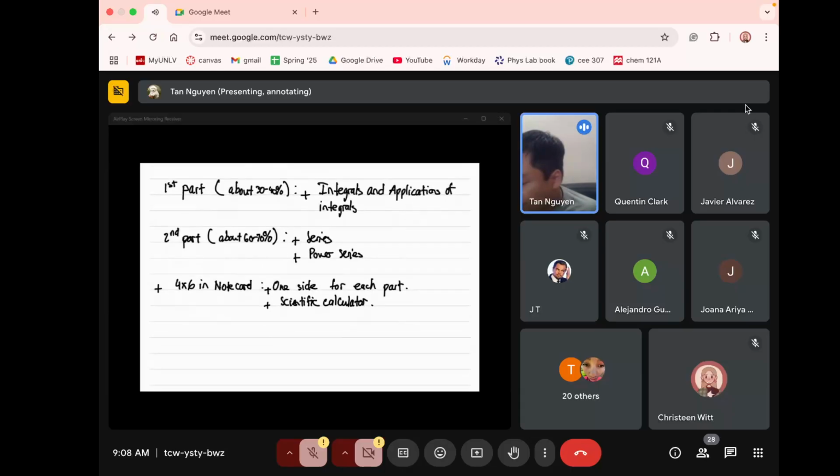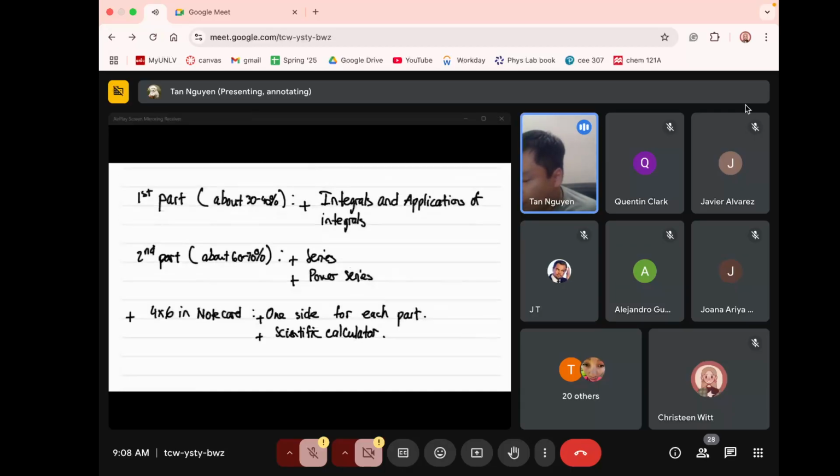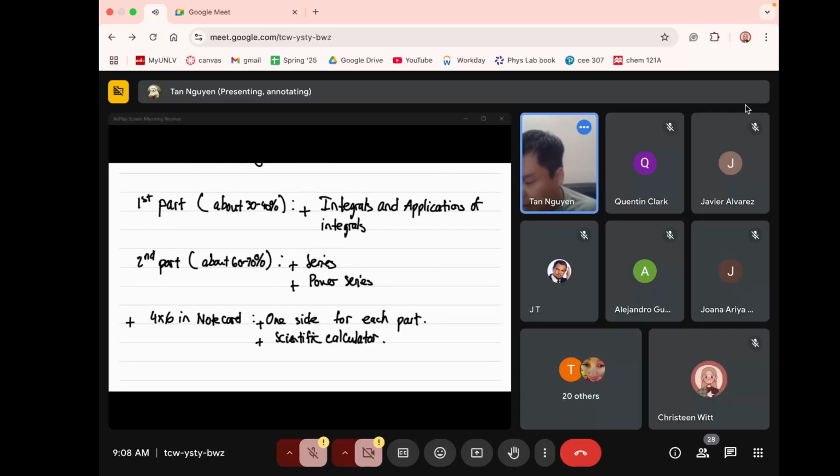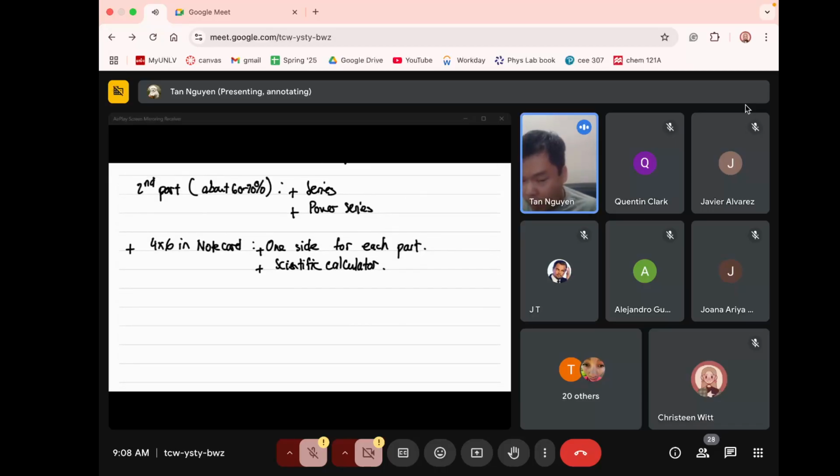Also, I believe I told you guys that if you do better on the final exam, I would replace your midterm score by the final exam. However, I made a small mistake on the midterm. If you remember, which one has the heavier percentage, the first or the second when you took the midterm?